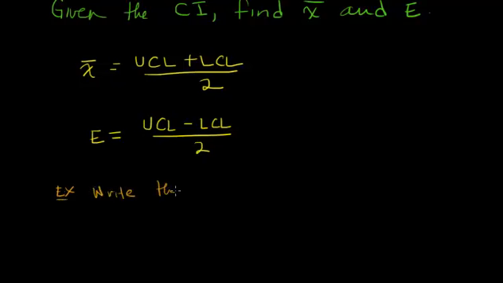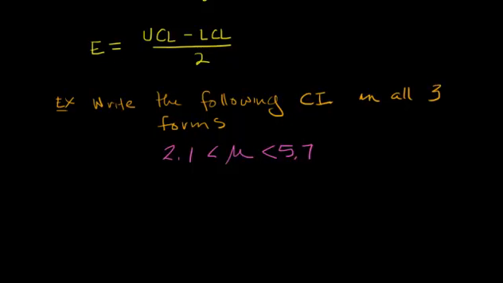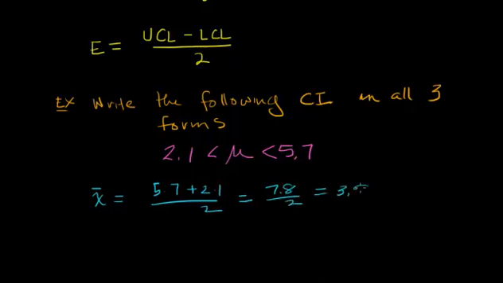Okay, our confidence interval is 2.1 and 5.7. Okay, so x bar is the average of those two, the upper limit plus the lower limit divided by 2, or 7.8 divided by 2, 3.9.